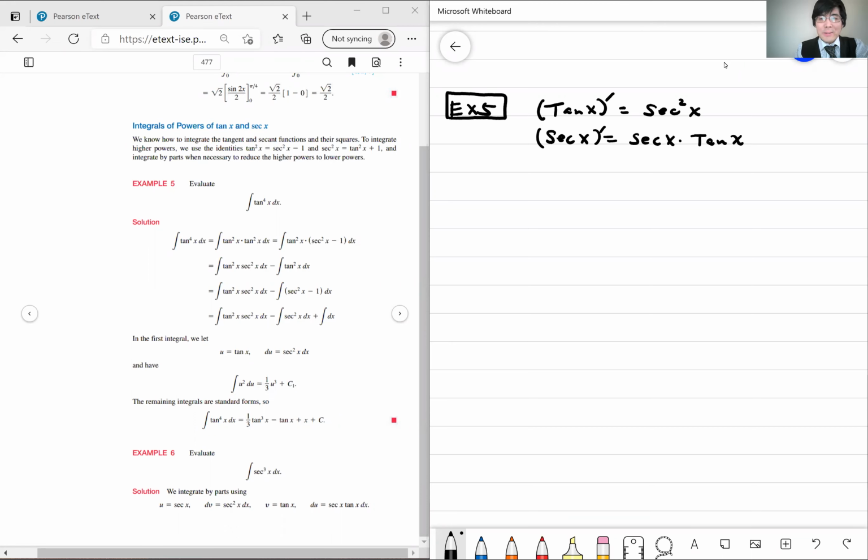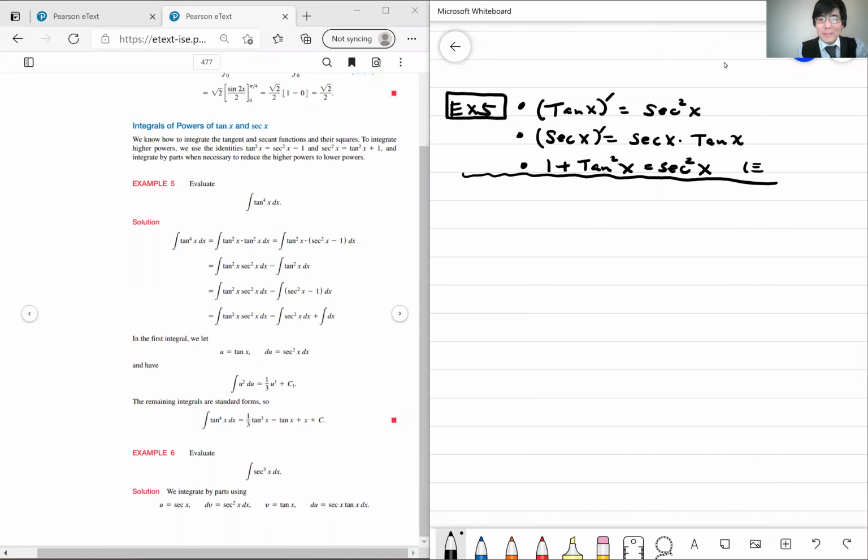So you see tangent and secant have a good connection. Also, this is not related to integration or differentiation, but the Pythagorean theorem states 1 plus tangent square of x is equal to secant square x. Okay, so please keep these in mind.